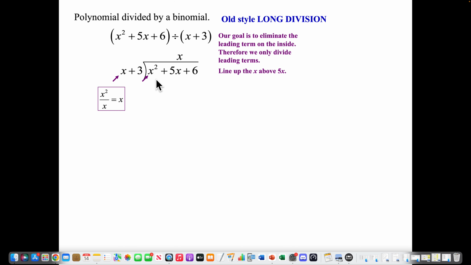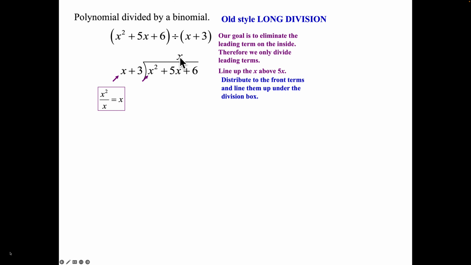Remember, the 5 times 12 gave us 60. So this x here is going to have to be multiplied or distributed to this binomial out front. So x gets multiplied to x, which should give us the x squared, because that's what we just did right here. We want to cancel this when we subtract. X times the 3 gives me a plus 3x.